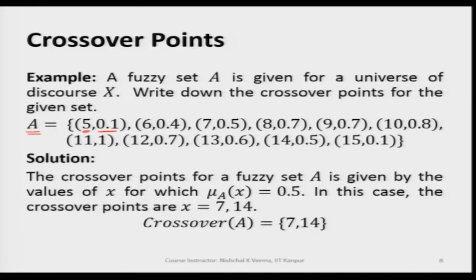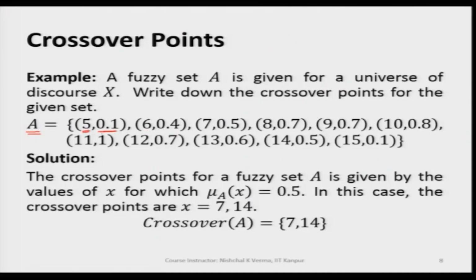If we are interested in finding out crossover points for this fuzzy set, we only look for the generic variable values for which the corresponding membership values are 0.5. This is obviously a discrete fuzzy set.